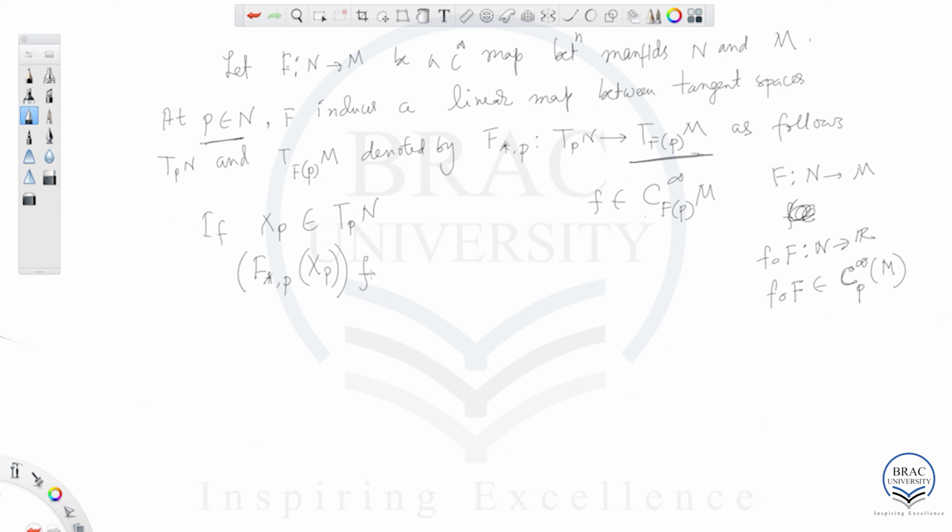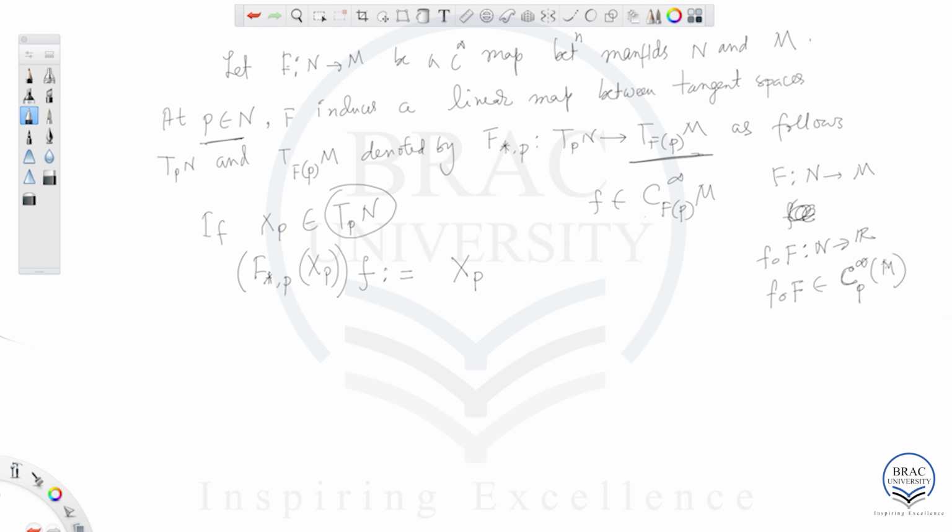So now we are going to define it like this, right? X_p. X_p is a tangent vector here, so it's going to act on a function here. Sorry, why am I writing it M?